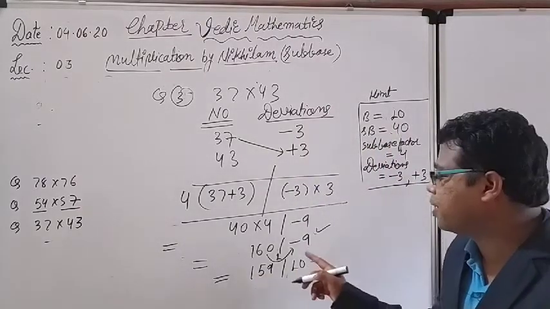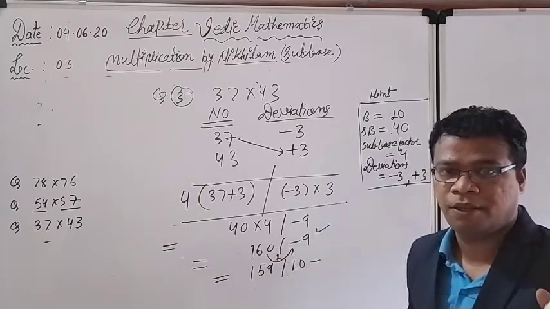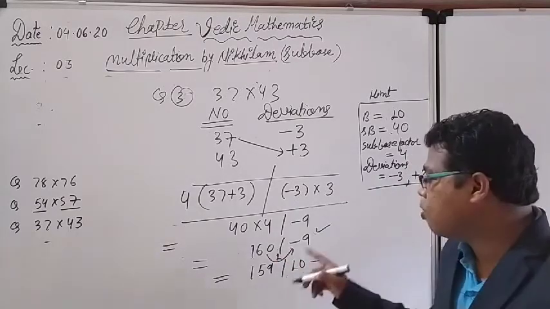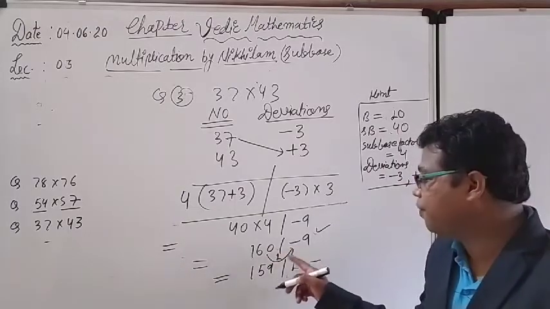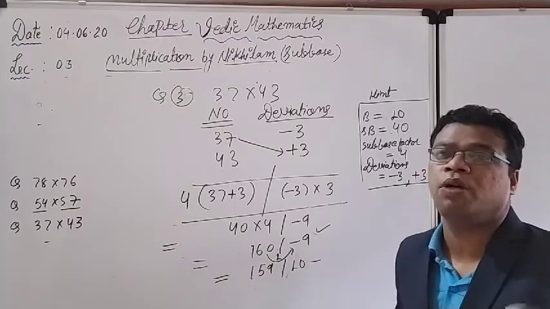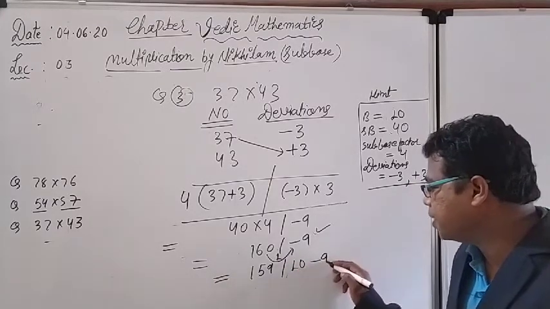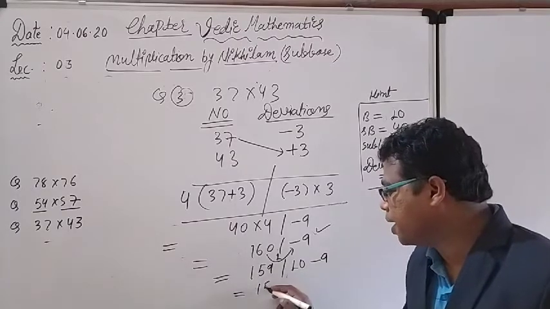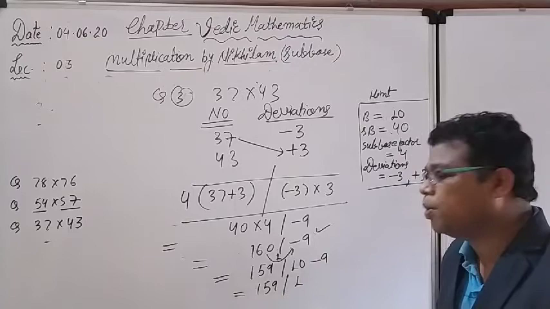If I had selected base 100, then that 1 would be considered here as a 100. So this is the logic here. According to how much negative number we have, we can take the borrow and convert this negative number into the positive one. So it is considered here as a 10. So 10 minus 9. According to that my answer 159 stays the same, and 10 minus 9 will give me 1.